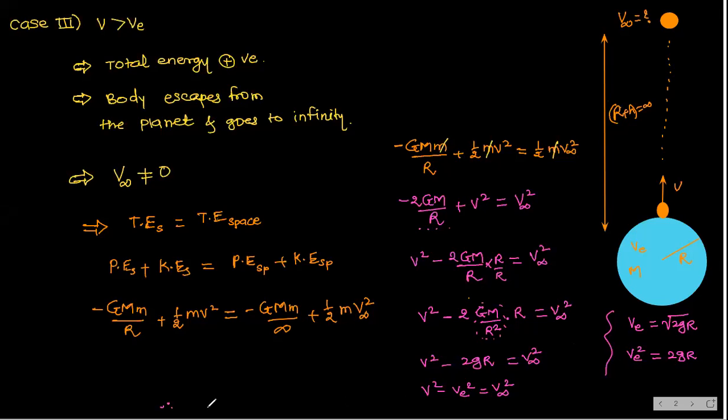And therefore, can I write like this? v infinity is equal to under root of v square minus v e square. So this is the velocity of body at infinity. Understood?